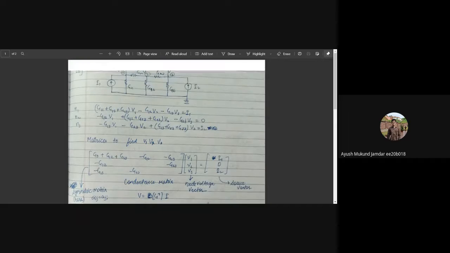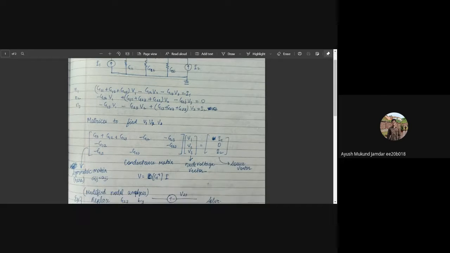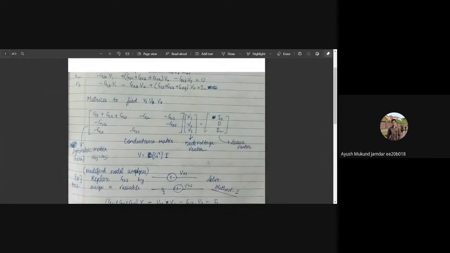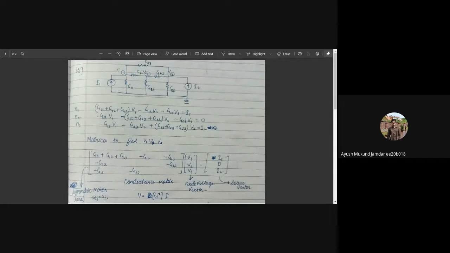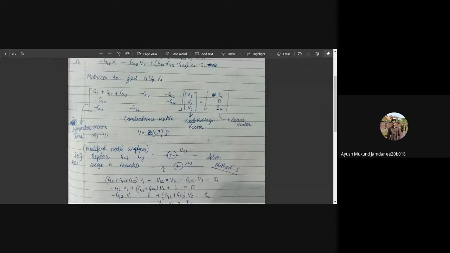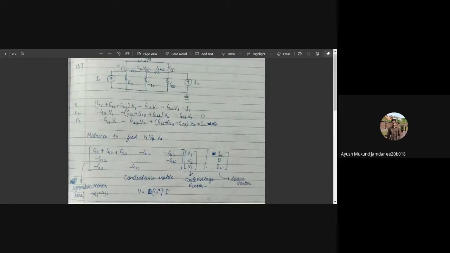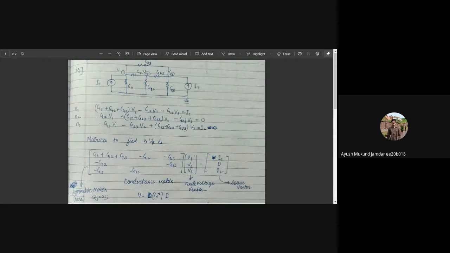Okay, this was for a circuit that didn't have any constant voltage sources, but what if it does? Let's say in the same example, G23 is replaced by a constant voltage source, say V0. There are a couple of ways to do this. Basically, one can have an additional unknown for the equations.